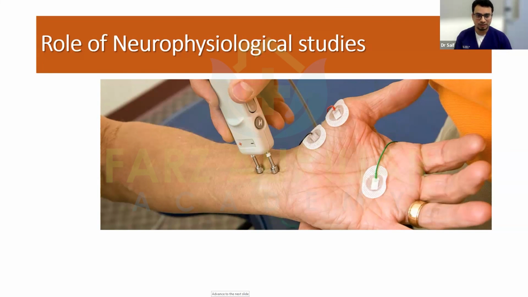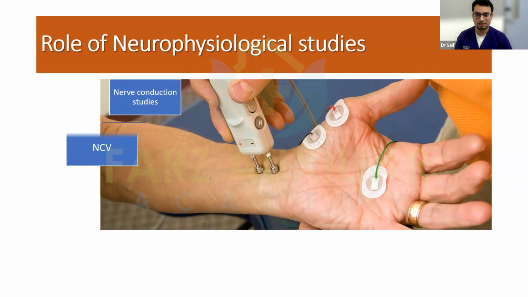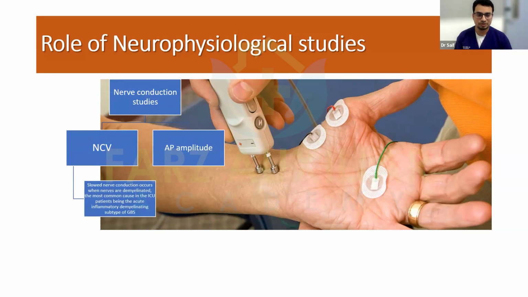Nerve conduction studies basically can measure the nerve conduction velocity and nerve action potential amplitude. Sensory nerves are evaluated by stimulating them while recording the transmitted action potential. Motor nerves are evaluated by stimulating the motor nerves while recording the compound action potential from innervated muscles.